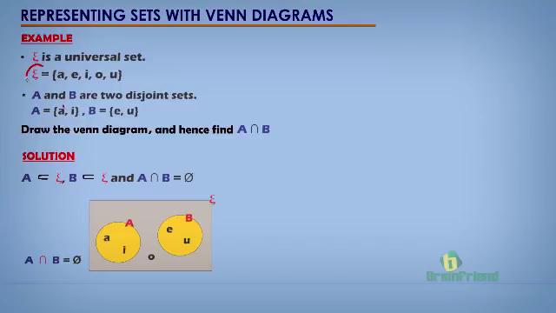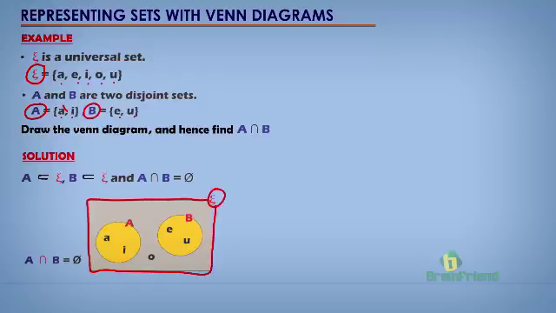If we have a universal set given that has elements A, E, I, O, and U, and sets A and B are also given to us, where A has elements A and I, and set B has elements E and U, to draw our Venn diagram with the information given to us, we'll first draw our rectangle, which denotes our universal set.